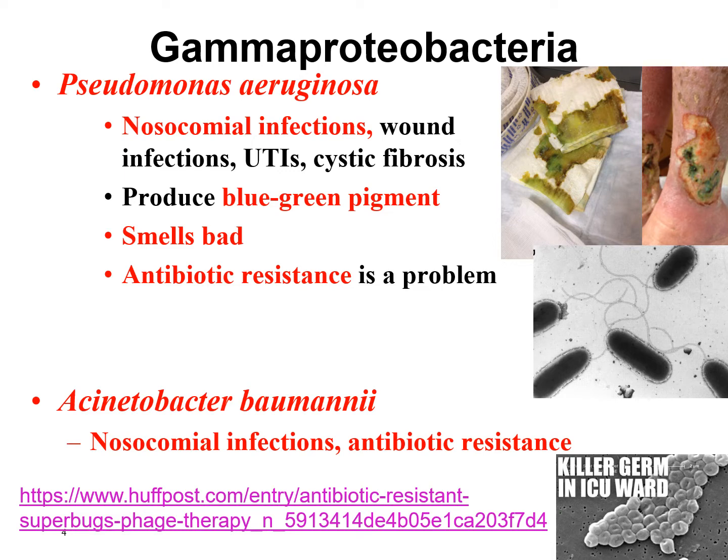One of them is that it creates a green-blue pus. So this greenish-blue pus coming out of these wounds, that is just disgusting, and no other bacteria that infects humans does that, and so that's pretty characteristic of a Pseudomonas aeruginosa infection.